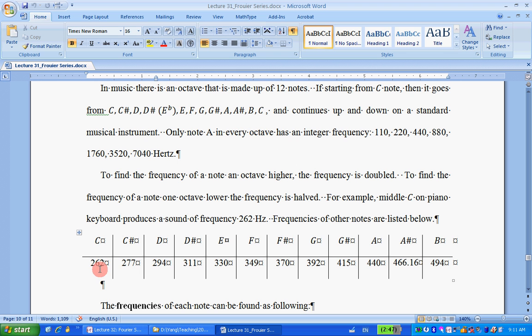Sorry, actually, the C note is 262 hertz. What's the 110 hertz again? Only note A in every octave has an integer frequency. Oh, I see, that's the note A frequency, and this is the note C frequency. Note A is an integer number. As a matter of fact, this is not exactly 262, it's 262 point something.